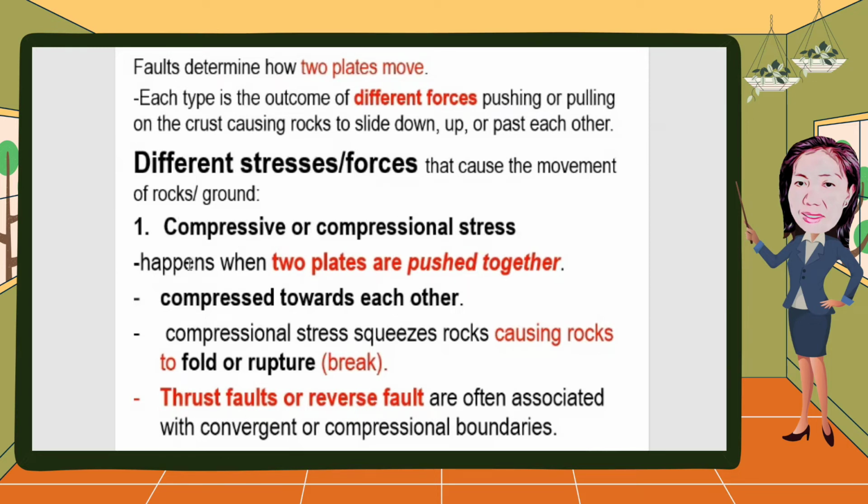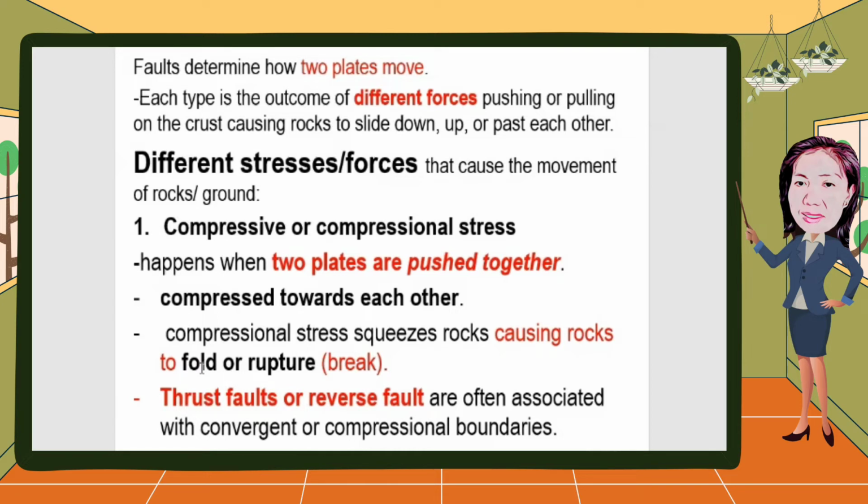This compressional stress happens when two plates are pushed together. So para siyang reverse, no? From the word compress, they are pushed together or move towards each other. So the compressional stress squeezes the rock, causing the rock to fold.